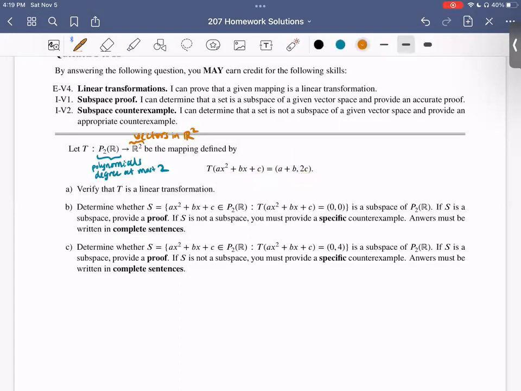So for just some examples to help you wrap your head around what this does. Let's say I gave this mapping the polynomial 3x squared plus 2x minus 10. Then the mapping would take 3 plus 2, so that's the first element.